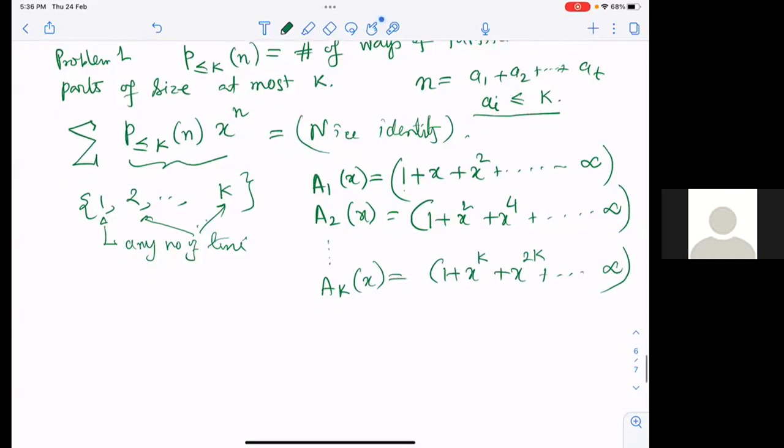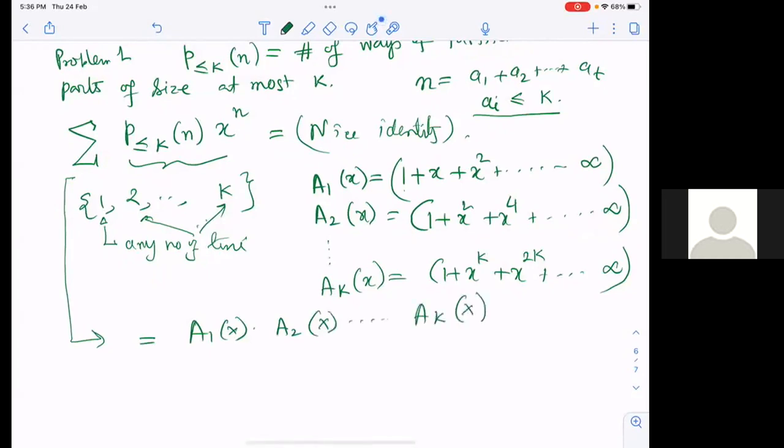So now, this identity that you are looking for is really the product of these generating functions. The reason is very simple: any x^n coefficient that you count from this side will contribute 1 to your valid partition.